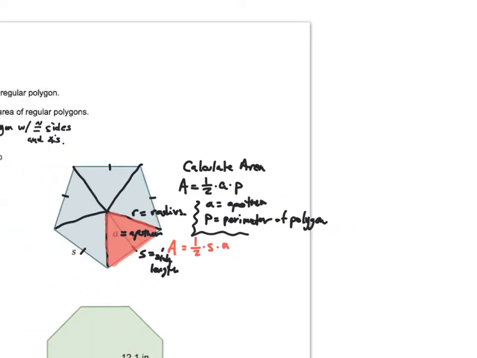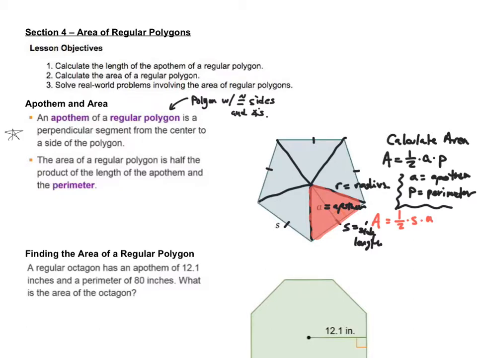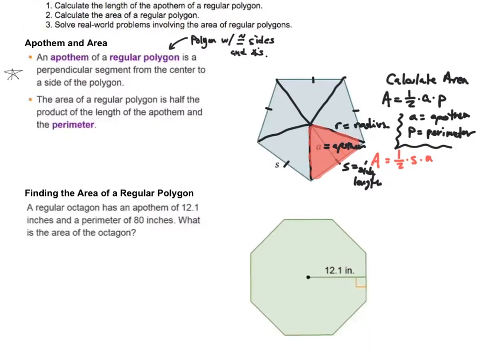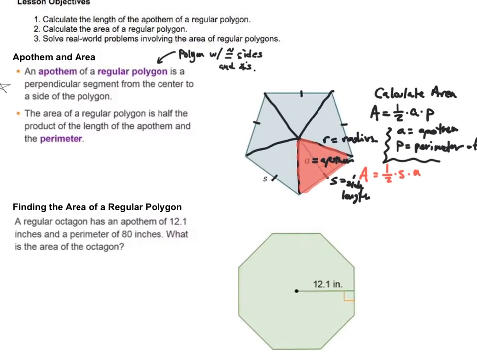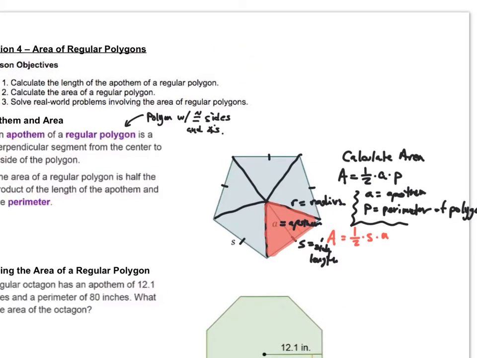I will put in a couple of other formulas in case we're not always given the apothem or don't know the side length. Sometimes there are formulas that we can generate just by using the side length, the apothem, and the radius. I'll show you those later on.